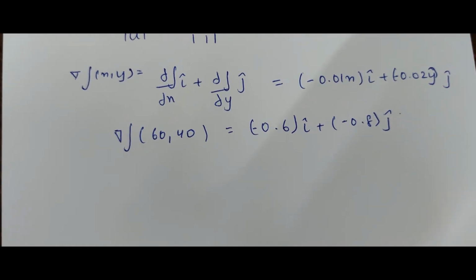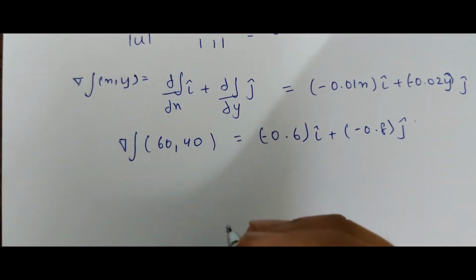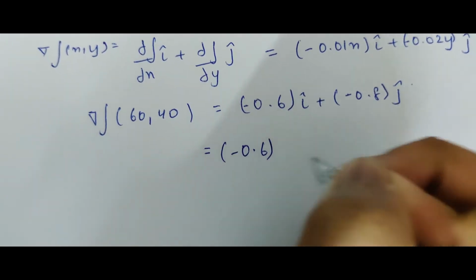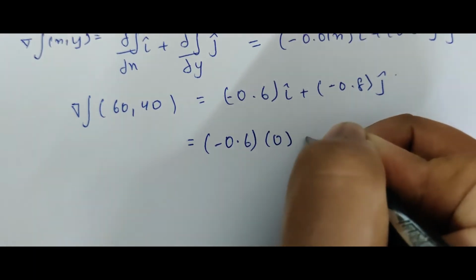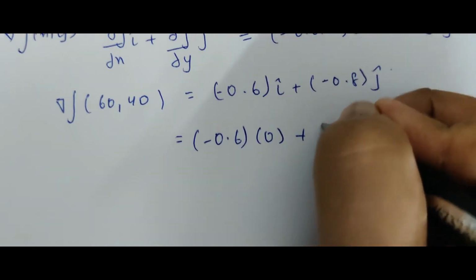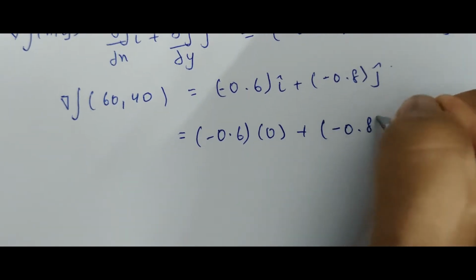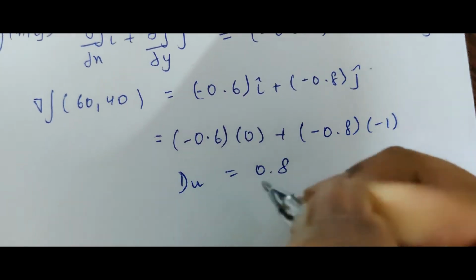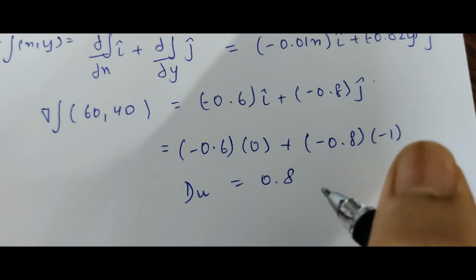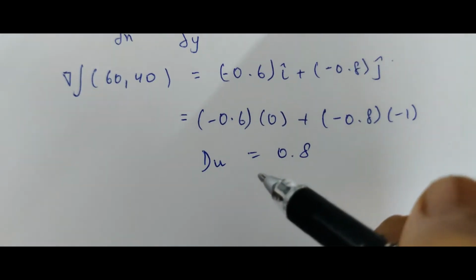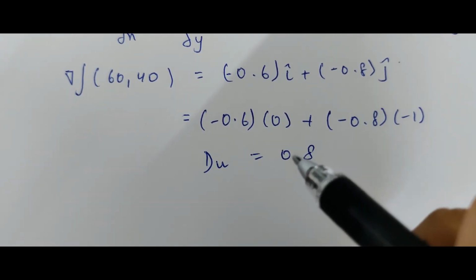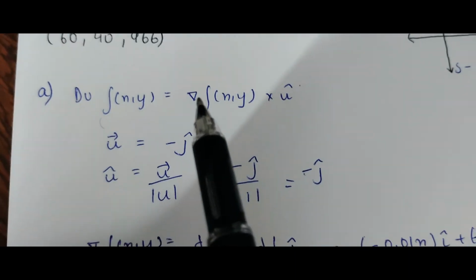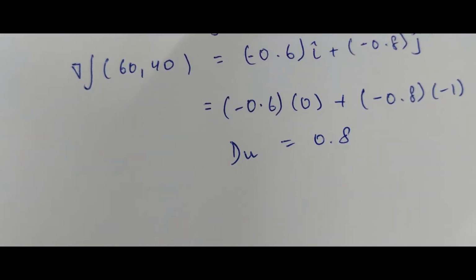Now taking the dot product with the direction we'll be going in, that will be minus 0.6 times 0 plus minus 0.8 times minus 1, which is equal to 0.8. The directional derivative is 0.8. As Du is more than 0, if we walk due south from the point 60, 40, 966, we will be ascending the hill.